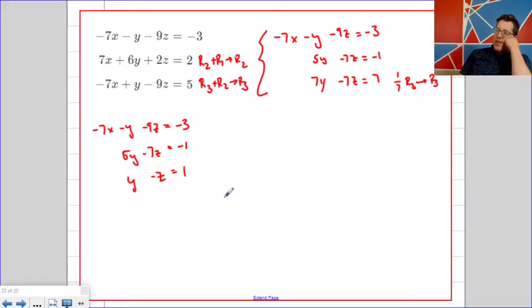Okay, so, how to do this? For some of you, this is going to seem like overkill, but I'm actually going to switch these 2 rows. I'll explain why in a second.